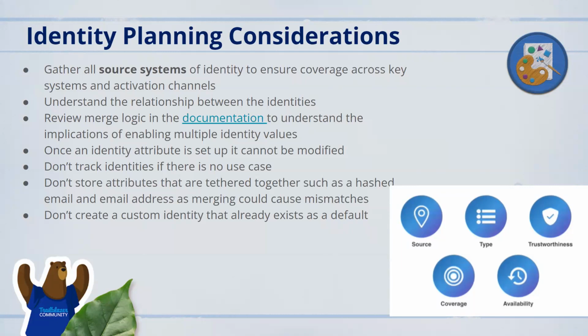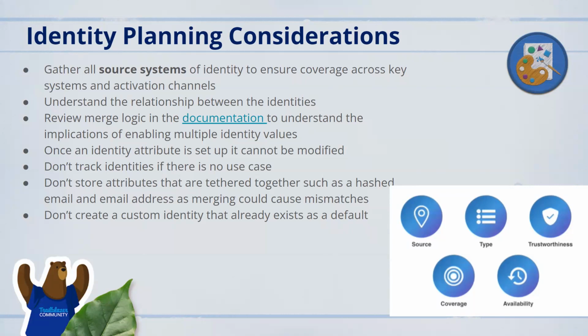You also want to understand if there could be multiple addresses tied to that customer ID. Then you also want to review thoroughly the merge logic documentation. I also have it linked here to understand the implications of adding additional or multiple identities.